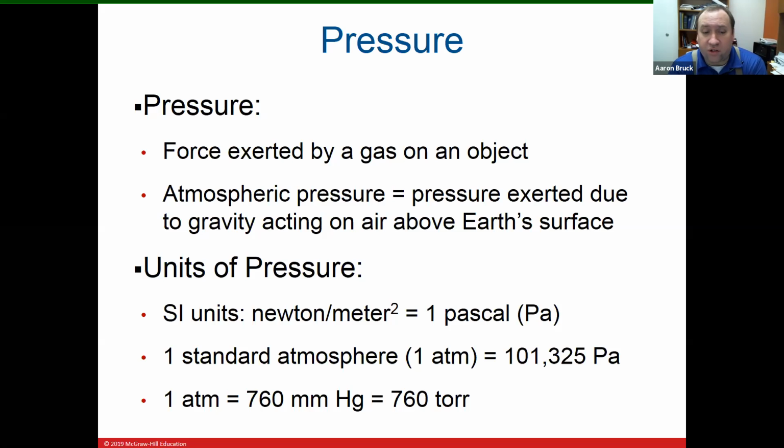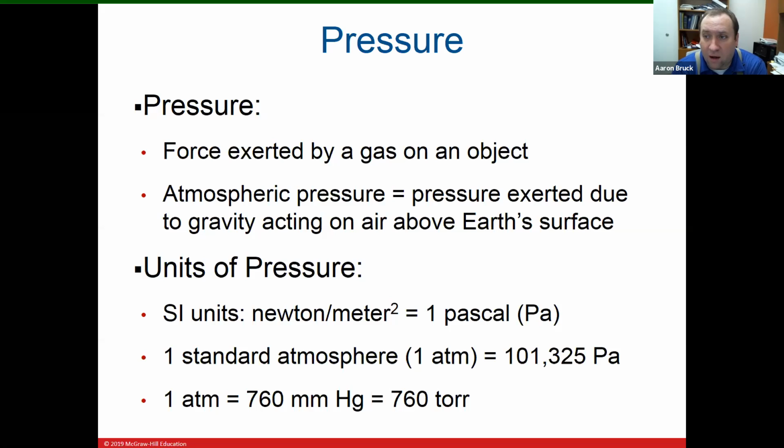Now, in terms of pressure units, there's a good chance that you are probably unfamiliar with most of the ones on this slide. For the international system, the correct unit of pressure based on base units is the Newton per square meter. The Newton per square meter is referred to as the Pascal.